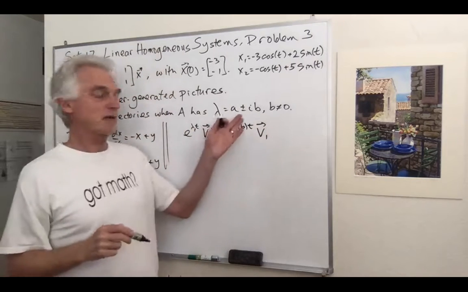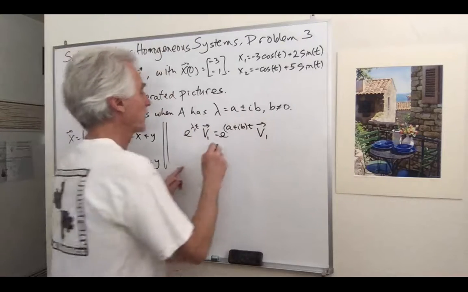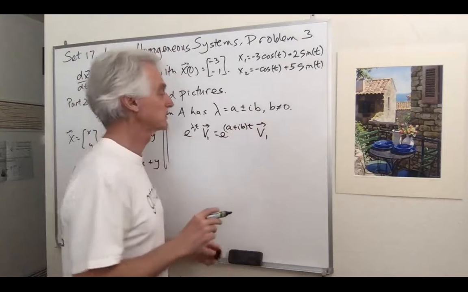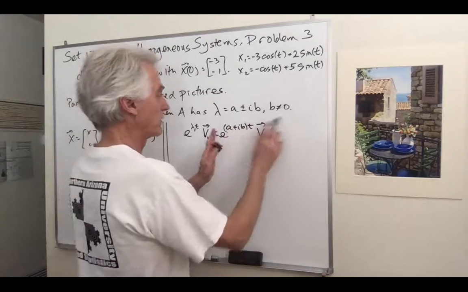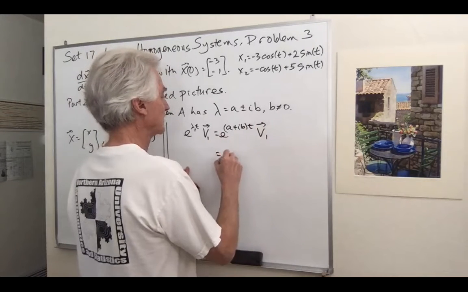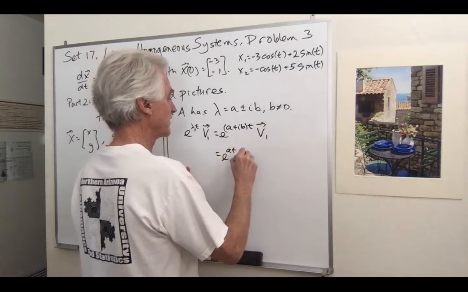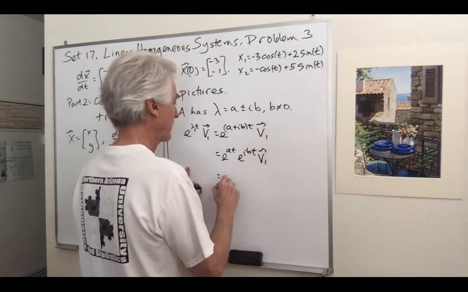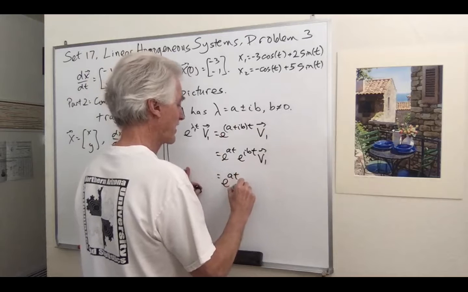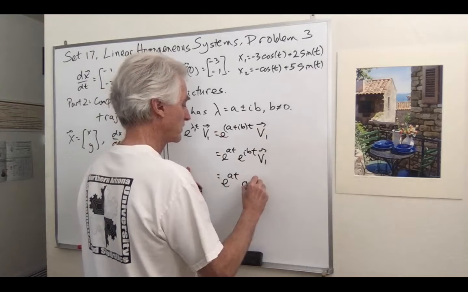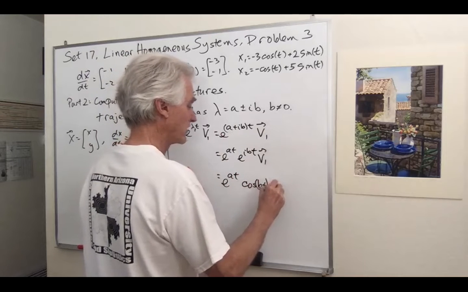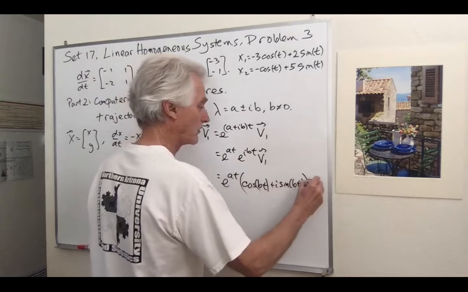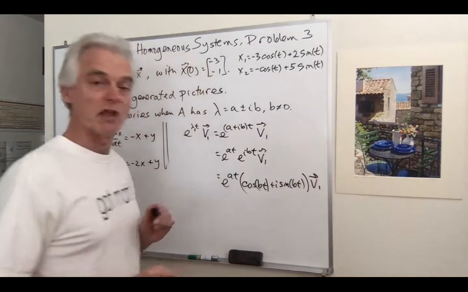So lambda 1 is a plus ib. And if I remember, the real and imaginary parts of this complex vector-valued function are the two solutions. This is e to the at times e to the ibt v1, and then this is e to the at times cos bt plus i sine bt, all times this vector.